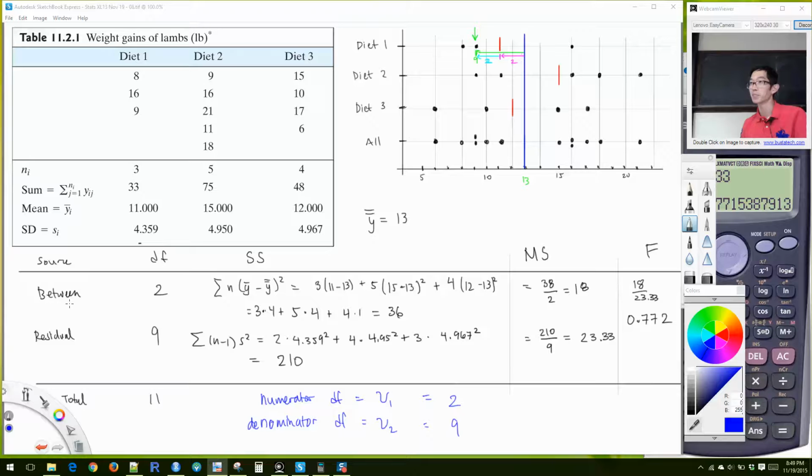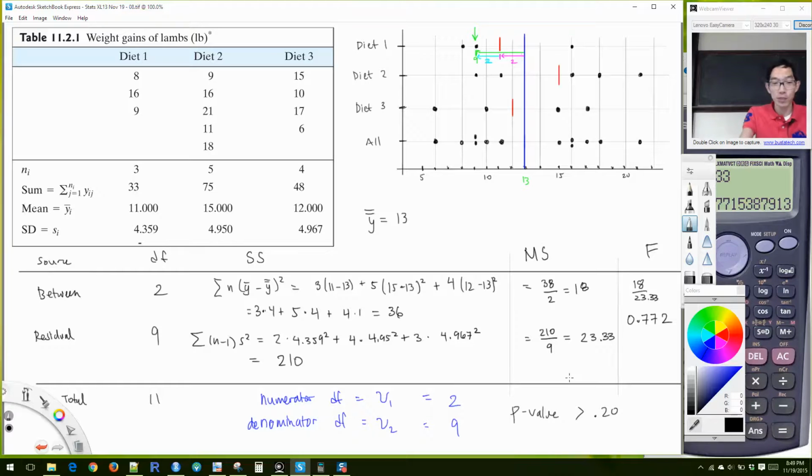The groups again are the diets. The groups are the 3 different diets that we have. I'm going to go to the next slide. The result of our test was that our p-value was greater than 20%, or, it is not significant at the 5% level or 1% level.